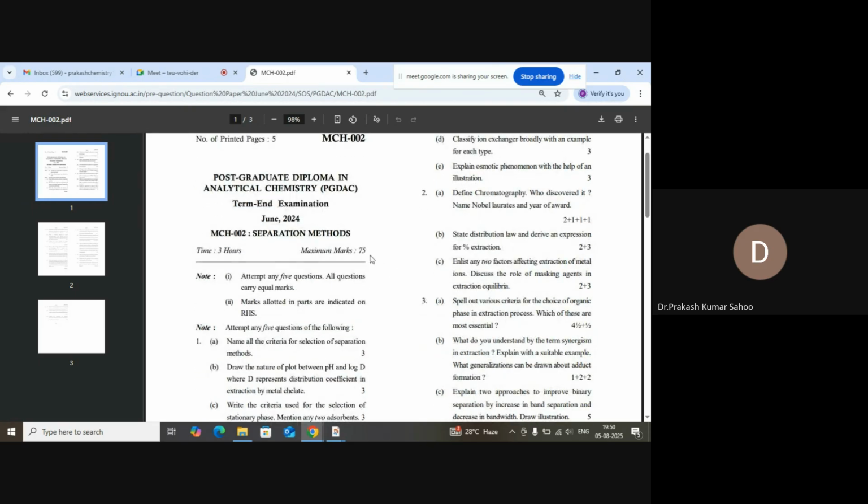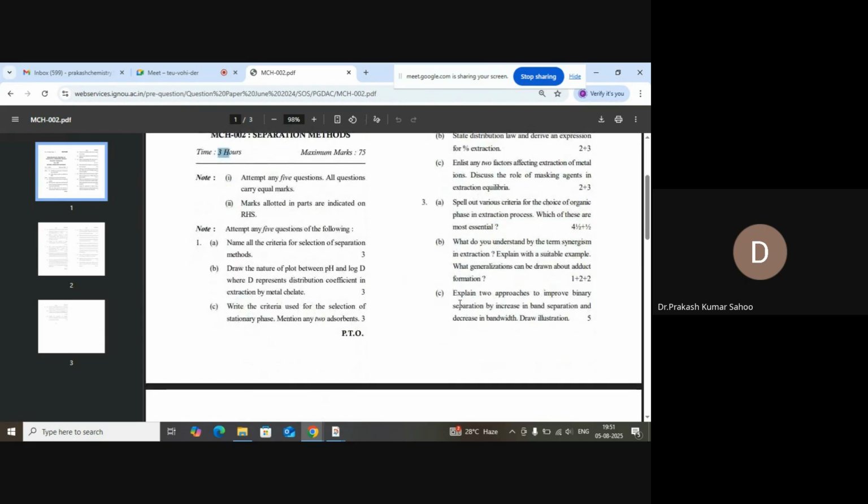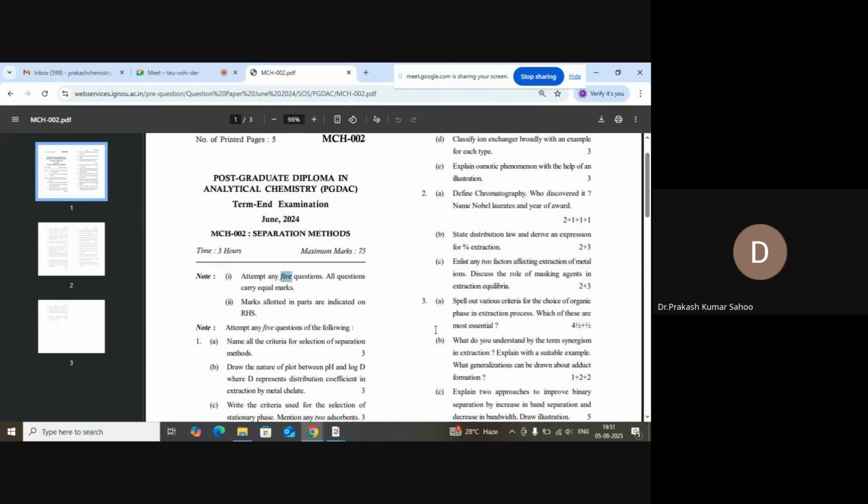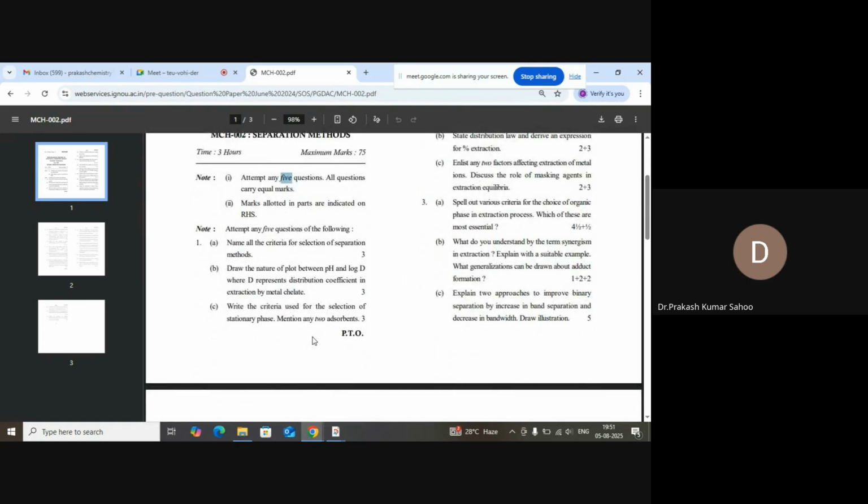So in this way, you can download the different questions. Just see here, you have 75 total marks, 3 hours of examination, and you are advised to attend 5 questions. That means one question carries 15 marks, with different subjects. Like in your first question number 1, we have 3 to 5.